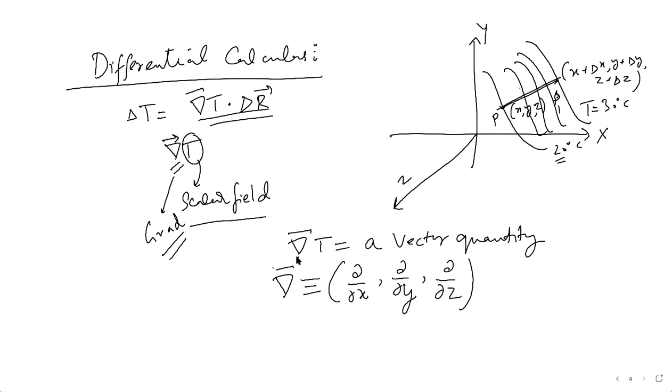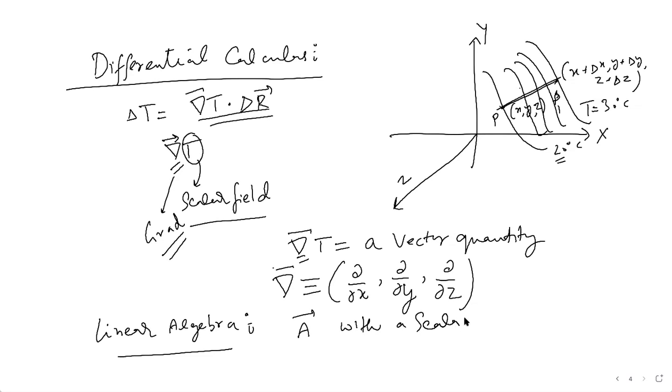Now, I also specified that in linear algebra, I'm not sure if you are familiar with it, but let's look at it. If I have a vector A and I want to multiply it with a scalar, I'm taking T as a scalar here because it defines my temperature contours. You can combine these two things this way, or you can combine them that way, isn't it?